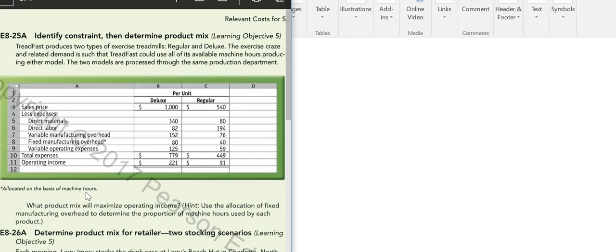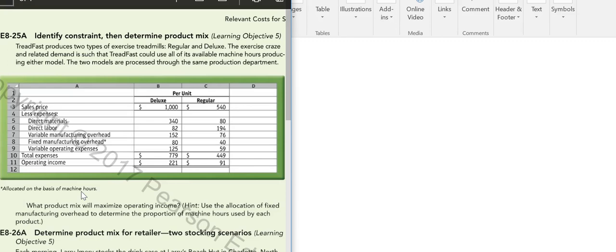When we have some manufacturing overhead that is not very direct or traceable like direct material or direct labor, we use one allocation base to determine the overhead cost. And here for this fixed manufacturing overhead cost, the allocation base is machine hours.